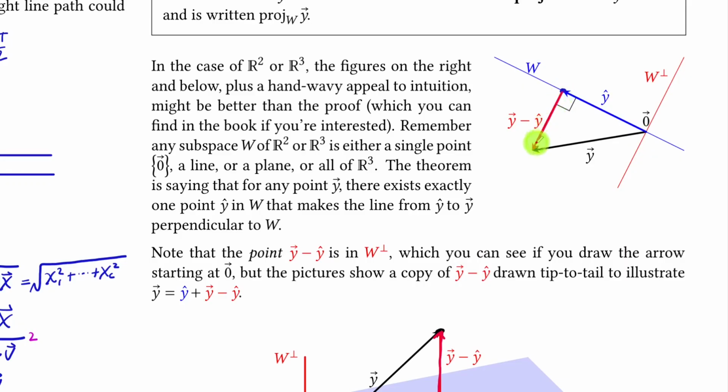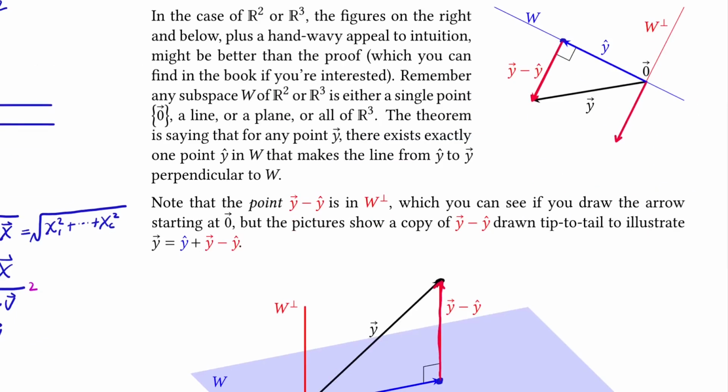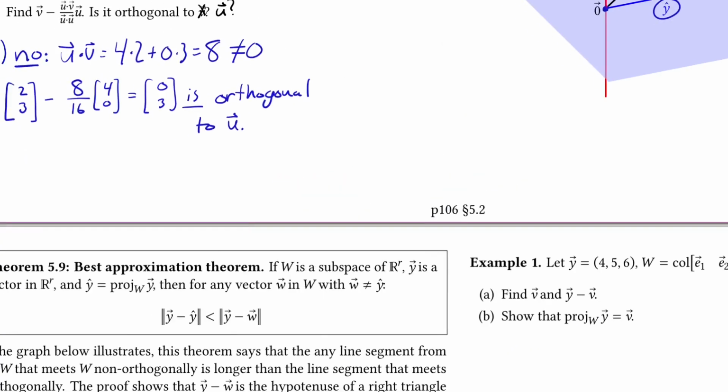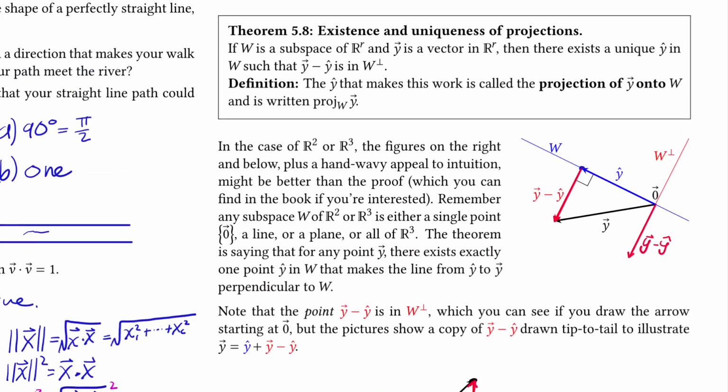Normally you would draw that at the origin, but if we're talking about vector addition, like y hat plus y minus y hat, it makes more sense to draw the copy of the arrow there. Same thing here. This point is y minus y hat. Now, that point on W is called the projection of y onto W, and we write it as proj subscript W of y, the projection of y onto W, like so.